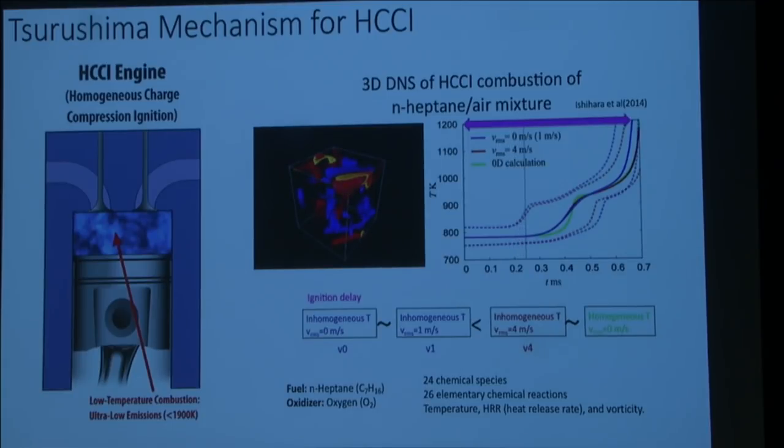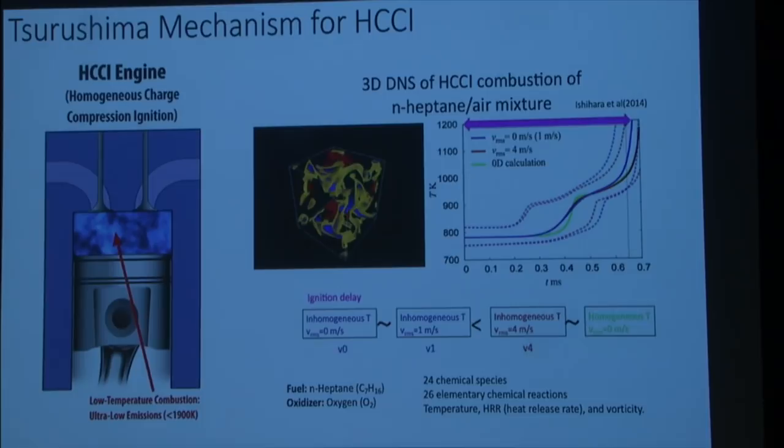simulation. These different curves are essentially testing a preliminary hypothesis by Ishihara, which is that perhaps controlling the fluid flow itself, the turbulence in the chamber, could affect the timing of the onset of ignition.